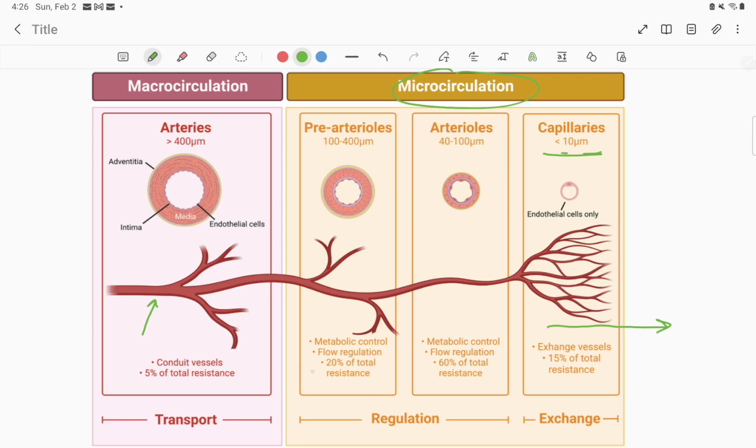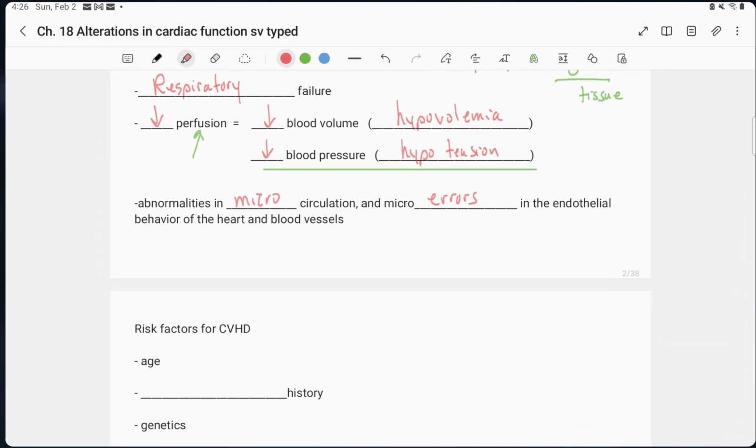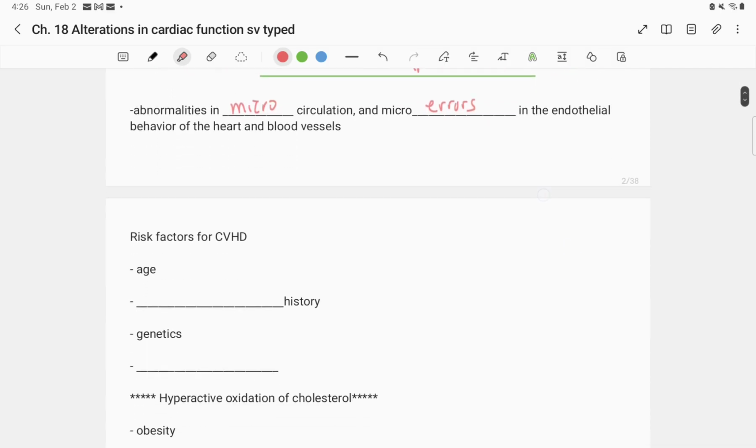So metabolic control, gas exchange, nutrient exchange, okay, all that stuff gets into the microcirculation. So if there's injury to the tiny capillaries, so abnormalities, then the endothelium, and going back to something that we covered in ANP1, atoms and molecules, if you have enough of those, you make up organelles.